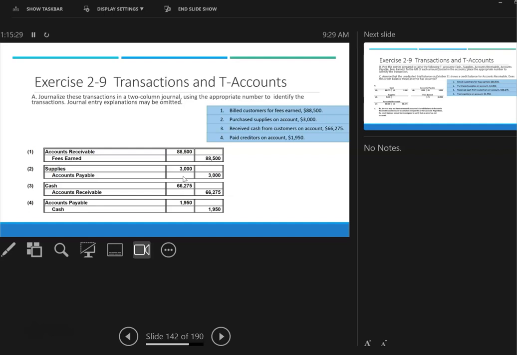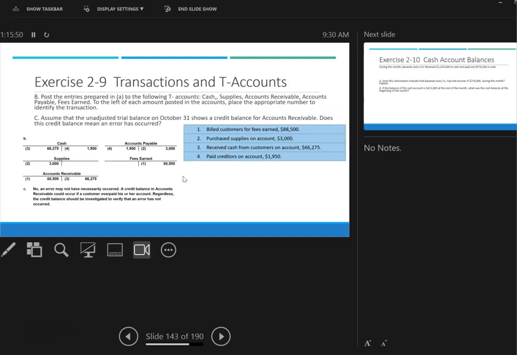When we received cash from customers on account, we debit our cash of $66,275. We credit our accounts receivable. And then when we paid creditors on account, we debit our accounts payable because it's decreasing, and we credit our cash. Then we show, when we post them all, where the different transactions get debited and credited to.